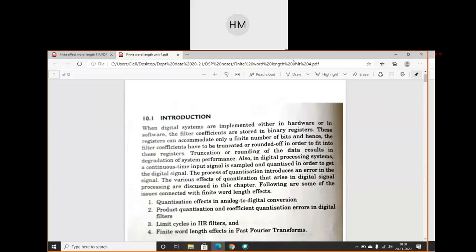And if we are designing some hardware, it will have some limitations. So to avoid overflow of the data and to save that data in the registers, we have to truncate the values of filter coefficients, because we get very large values of these coefficients.